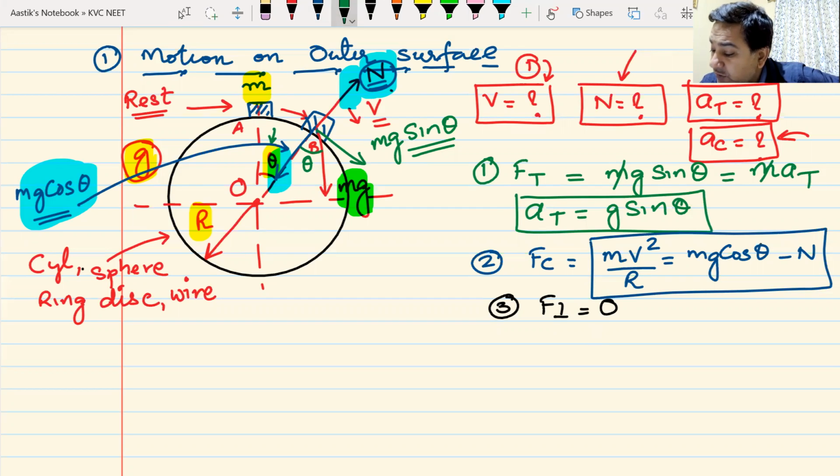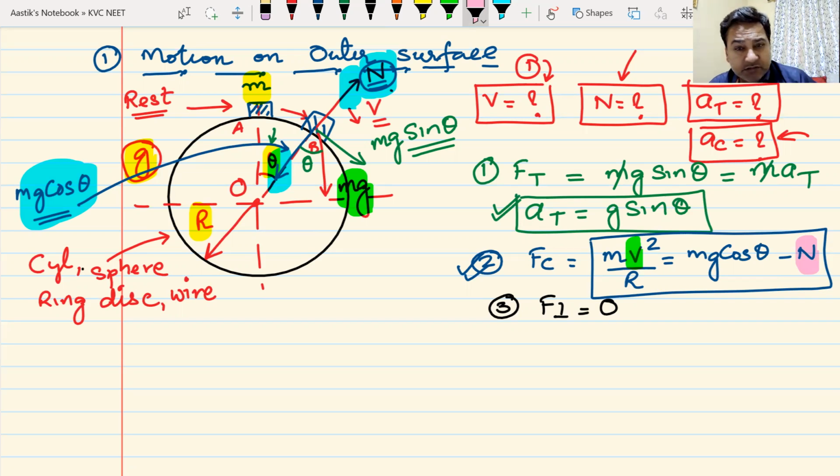I've got the value of tangential acceleration. The second equation is an equation between velocity v, which I am marking in green, and normal reaction N, which I am marking in pink. Now both N and v are unknowns.